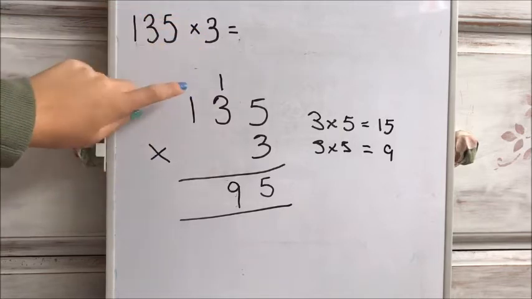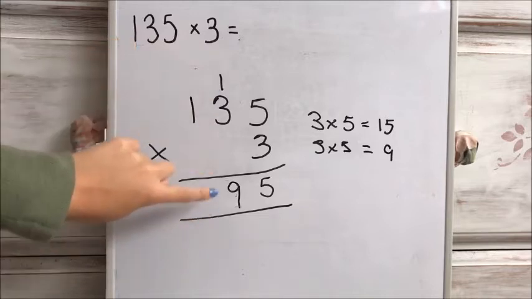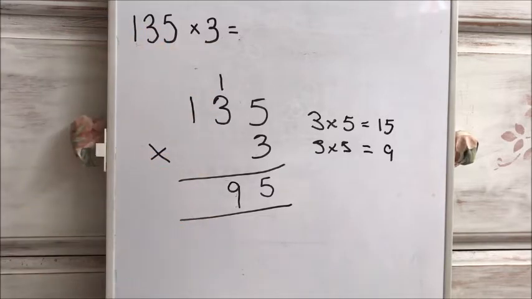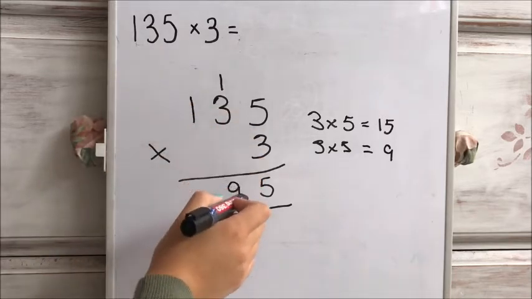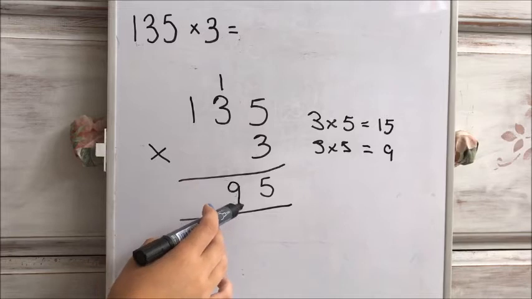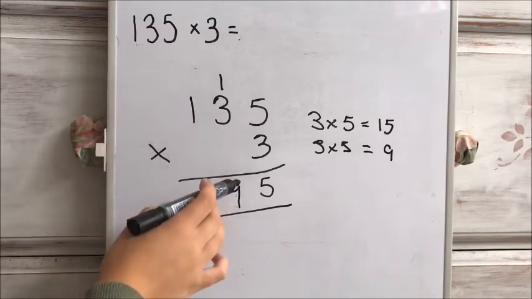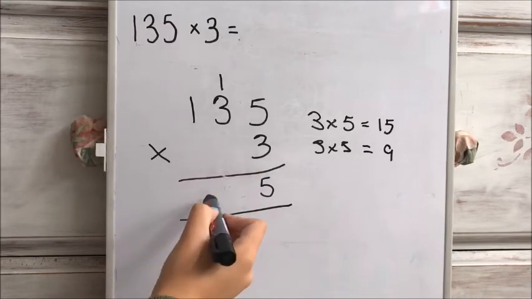However, because we have this number up at the top, we need to factor this in because it's still part of this column. But, nice and simply, all we do is add it to the answer we've just got. So we worked out that 3 times 3 is 9. So all we need to do is add this 1 to the 9. So this will become 10.